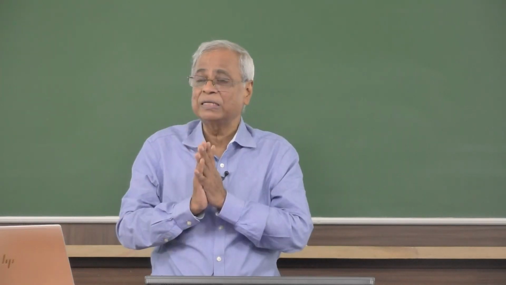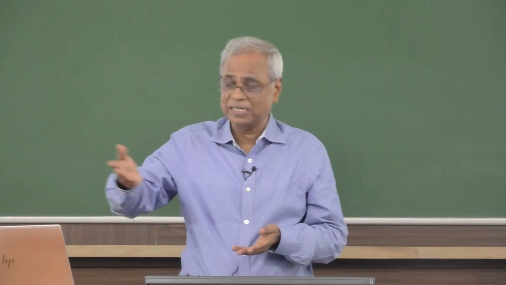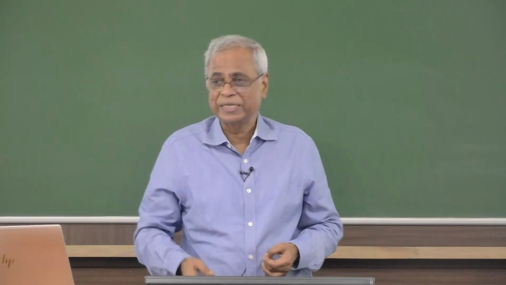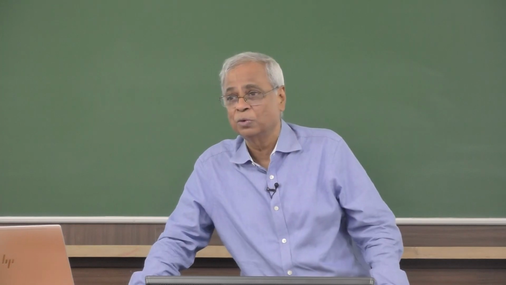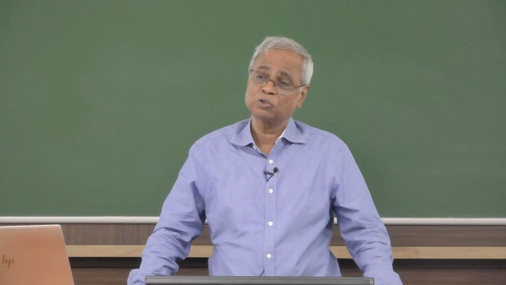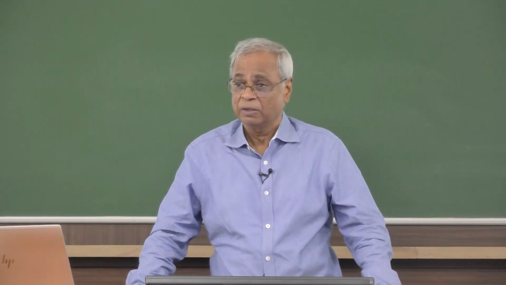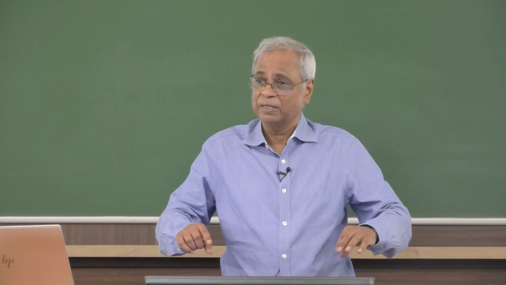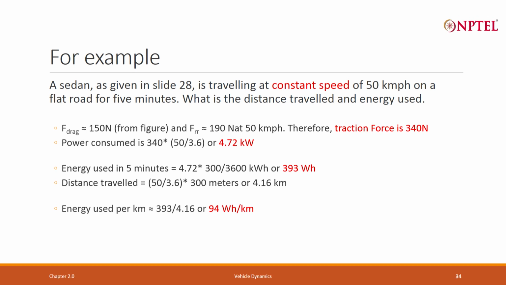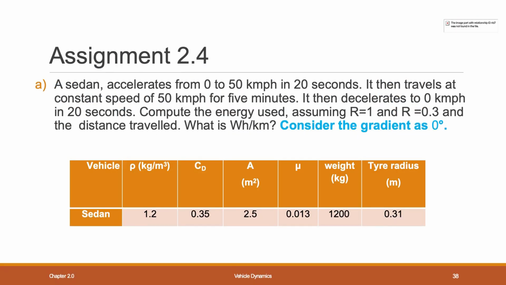I have to add the power, that is the power that I will be requiring for accelerating, figure out how much time I will require, in 20 seconds I am going to get it, and I compute the energy, and then I also compute the kilometer travel. Well, the previous kilometer travel, what I had assumed earlier, the 4.16 kilometer, was when I was traveling at 50 kilometer, but during acceleration also I will be traveling some distance. So, I compute that and then divide it, I will get watt hour per kilometer.